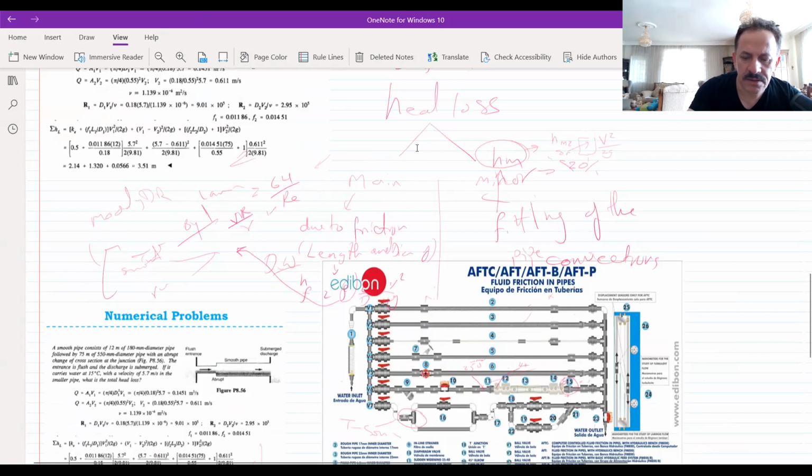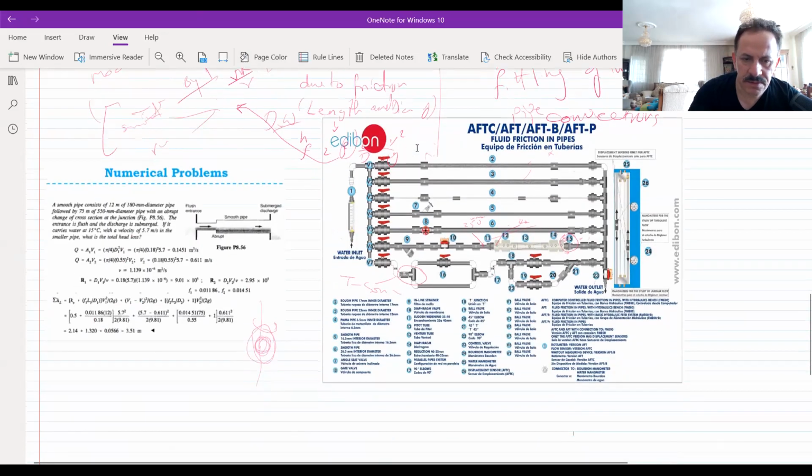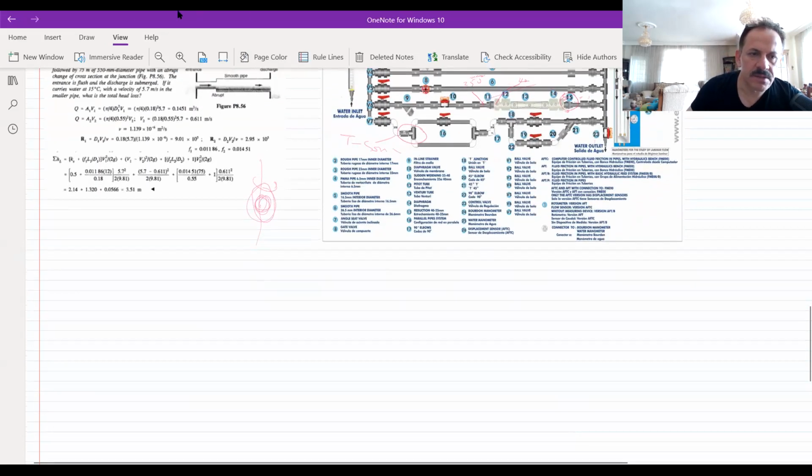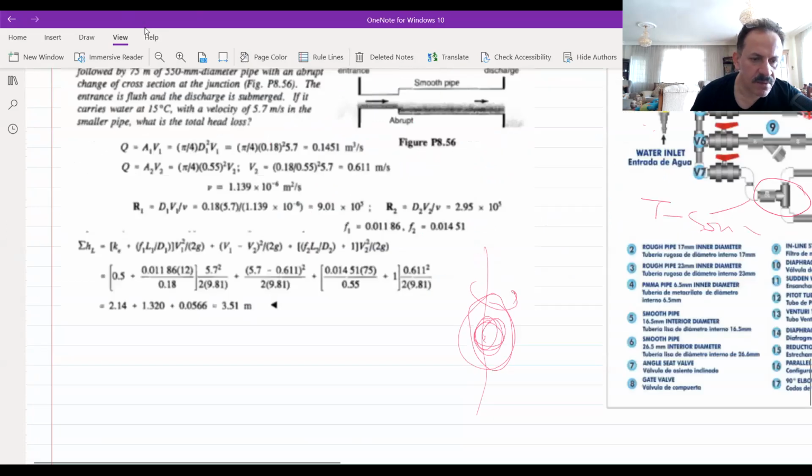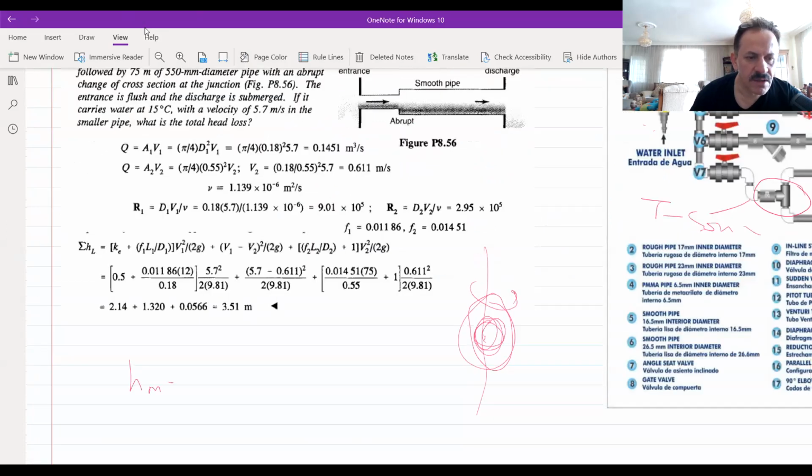For example, the minor head loss through a certain valve is equal to the velocity in this valve squared over 2g times its coefficient K, and this K coefficient depends on the type of the valve that we have.